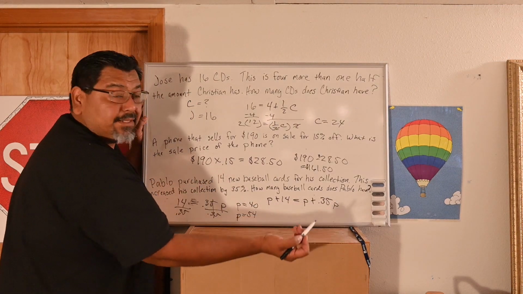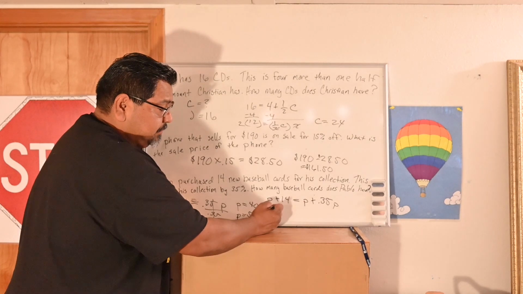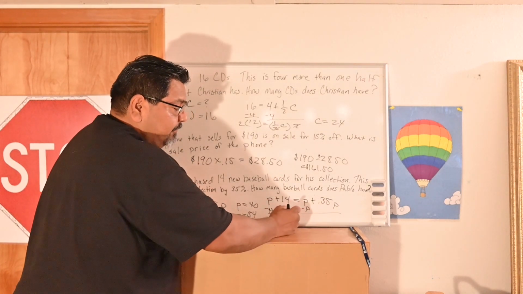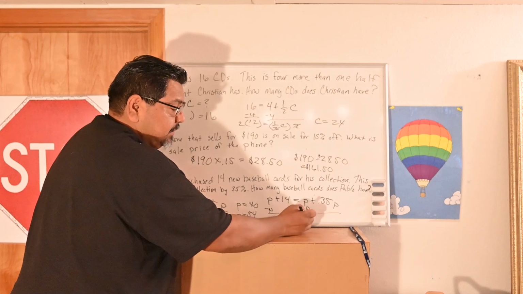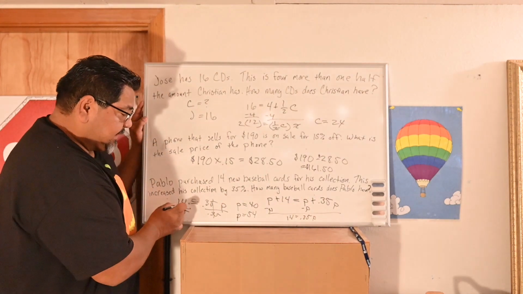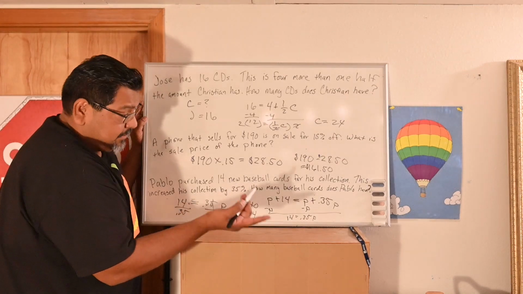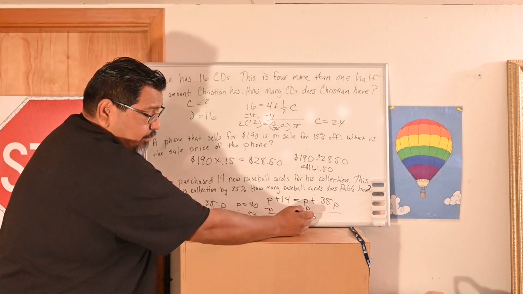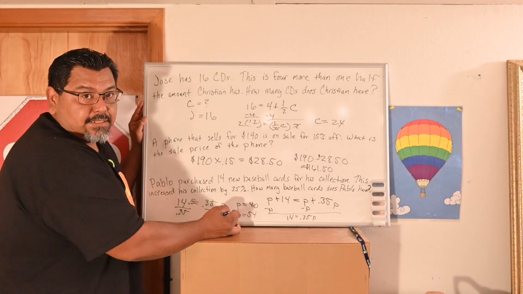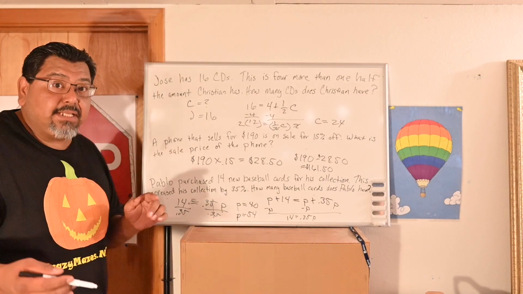This works out itself too, because when you look at it, you're going to subtract a P on both sides. And that gets you to 14 equals 0.35 P, which is the exact same thing that we had over here. And you get the correct answer where the original is 40, but he added 14 new ones. That gets us 54.